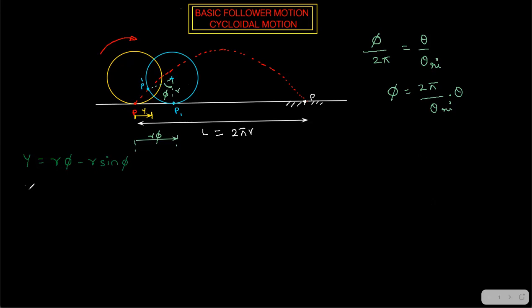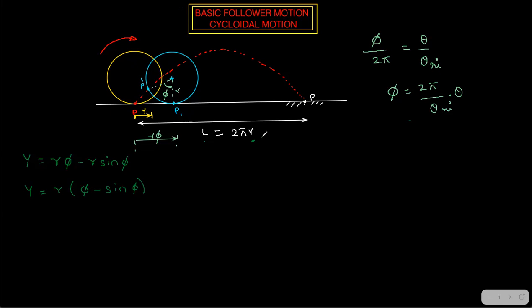Fine. Now take r common, and it will be phi minus sine phi. Now what is the value of phi? Phi value is already here. Substitute it. And what is the value of R? R value you can take from here.